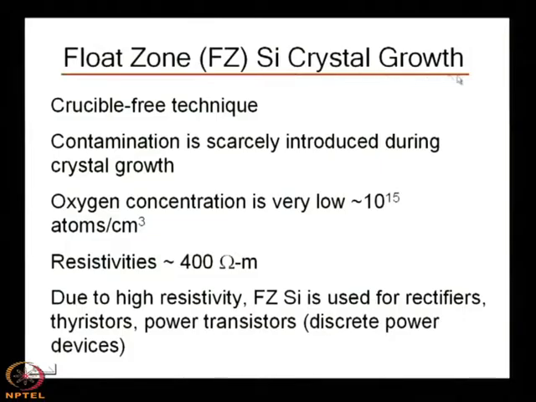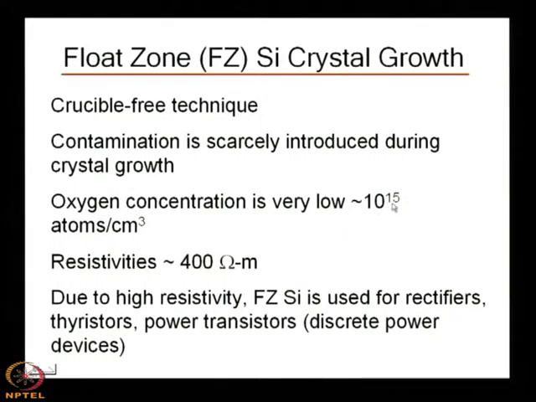This is a technique in which we do not use a crucible. So, you see that it is a crucible free technique. So, contamination is scarcely introduced during crystal growth. Basically, there is no contamination during crystal growth, and oxygen concentration is also very low.